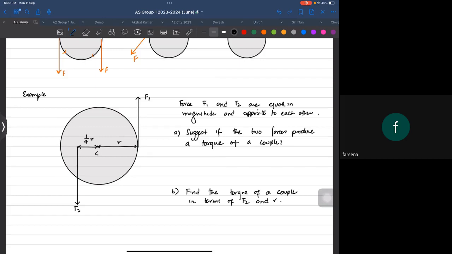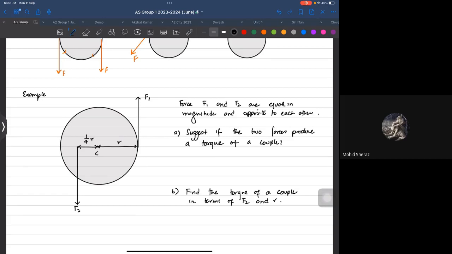Let me know the answer, please. No, because the force is the same magnitude, but the radius, which is the distance, is different.